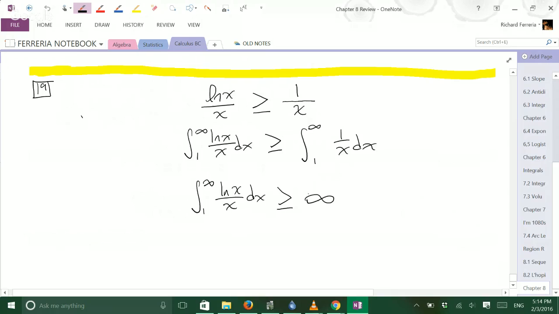So it has to be infinite, right? If it's going to integrate to a number that's bigger than infinity, it's got to itself be infinity. Therefore, diverges.